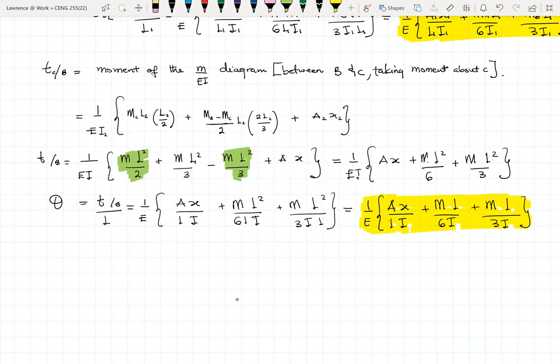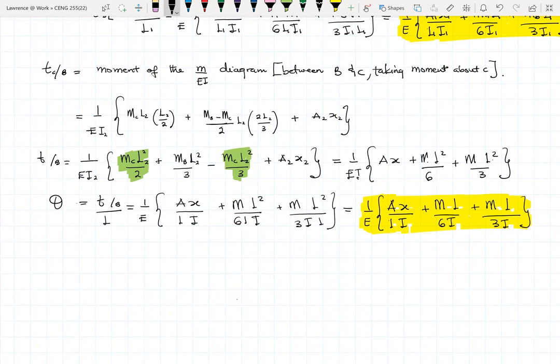Okay, so just go back here. I'm just trying to expand this. So I get MC, so this becomes I2 MC L2 squared. Then I get my MB L2 squared, then this becomes MC L2 squared, then A2 X2.